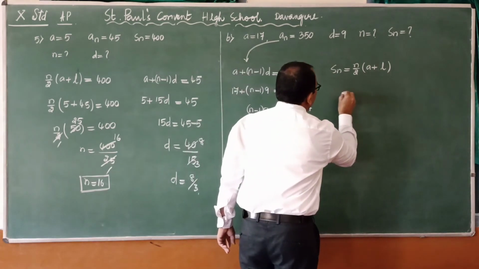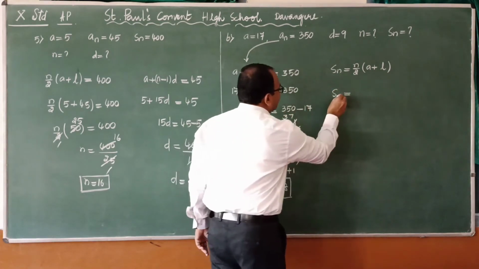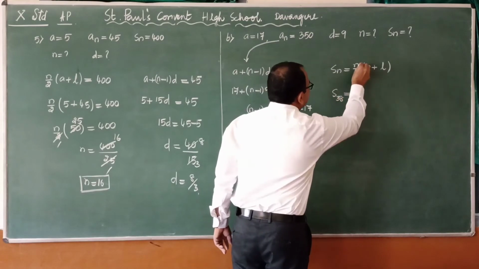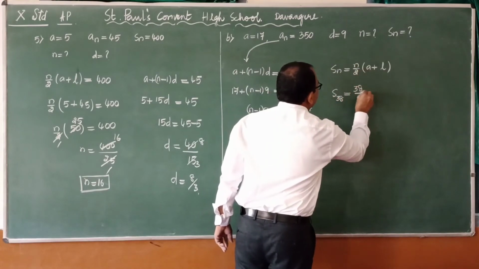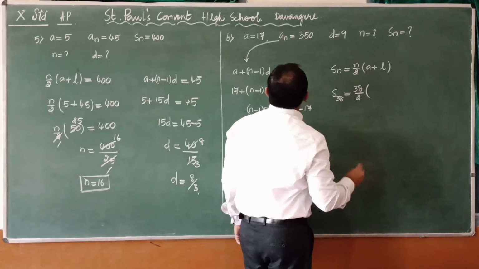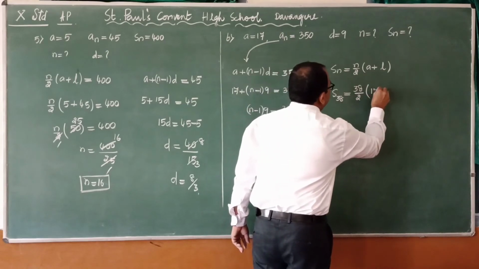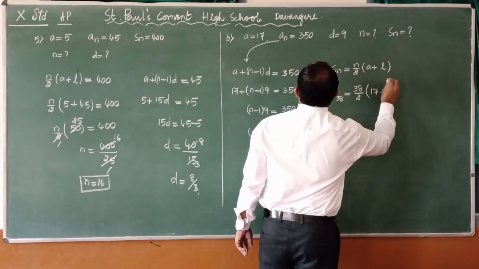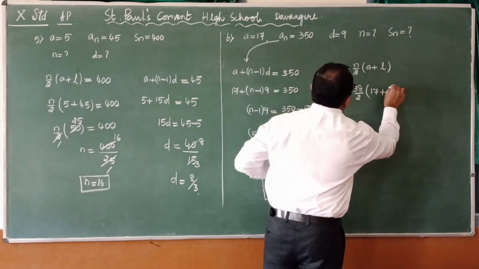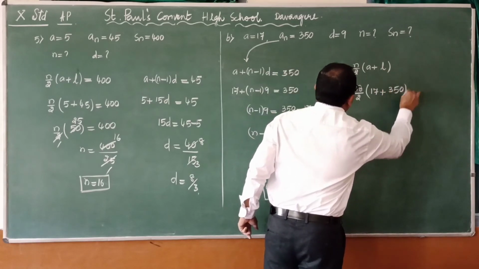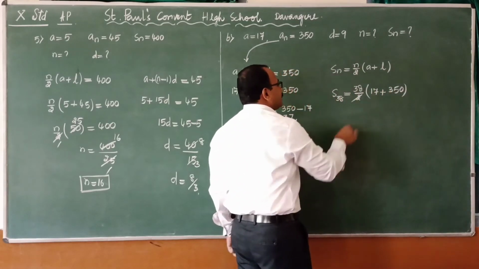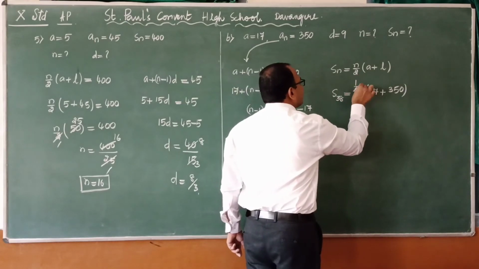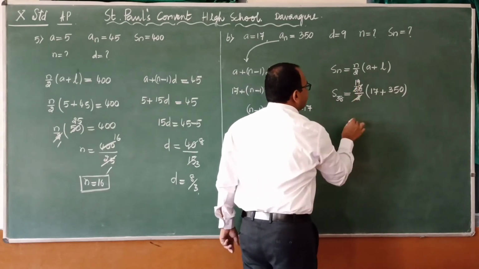The sum of 38 terms will be equal to 38 by 2 into a, which is 17, plus l, the last term, 350. 38 by 2 can be cancelled, one time, then 19 times, children.